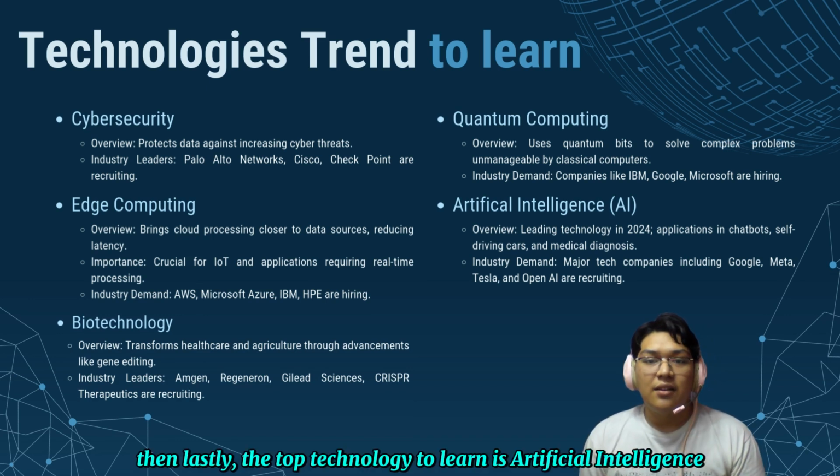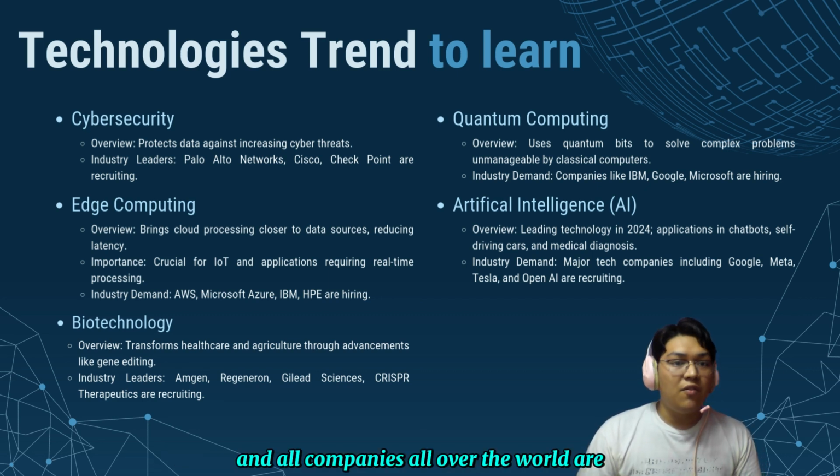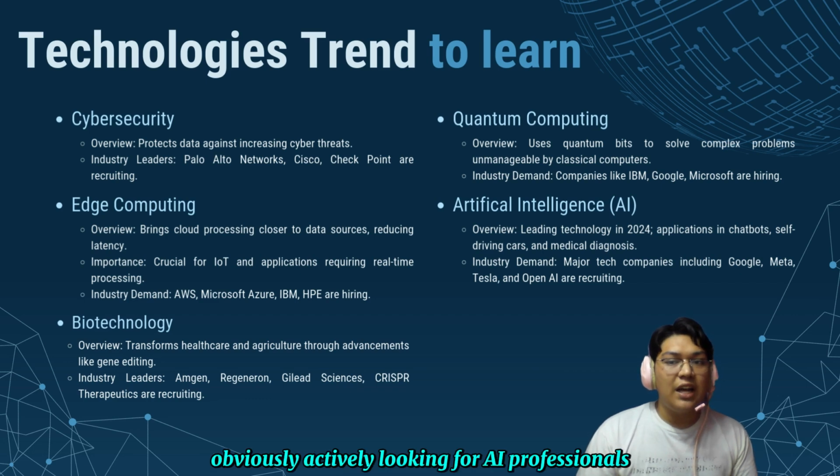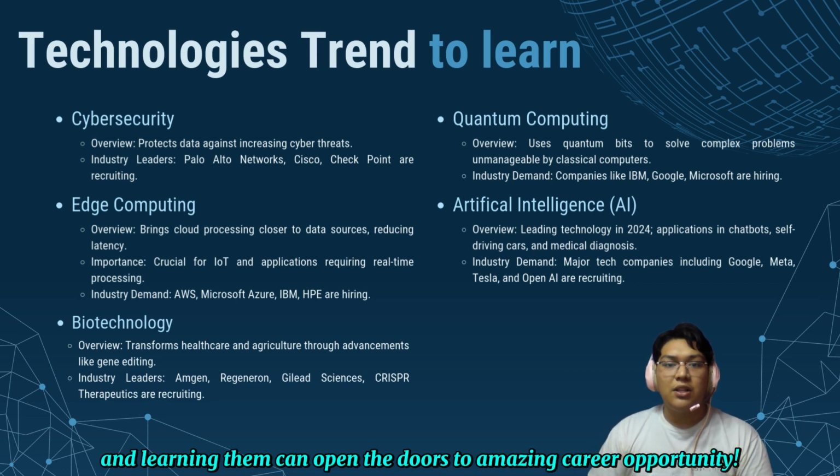Then lastly, the top technology to learn is artificial intelligence, as it's revolutionizing industries and offers salaries up to $160,000. And companies all over the world are obviously actively looking for AI professionals. So, in summary, these technologies are shaping the future, and learning them can open the doors to amazing career opportunities.